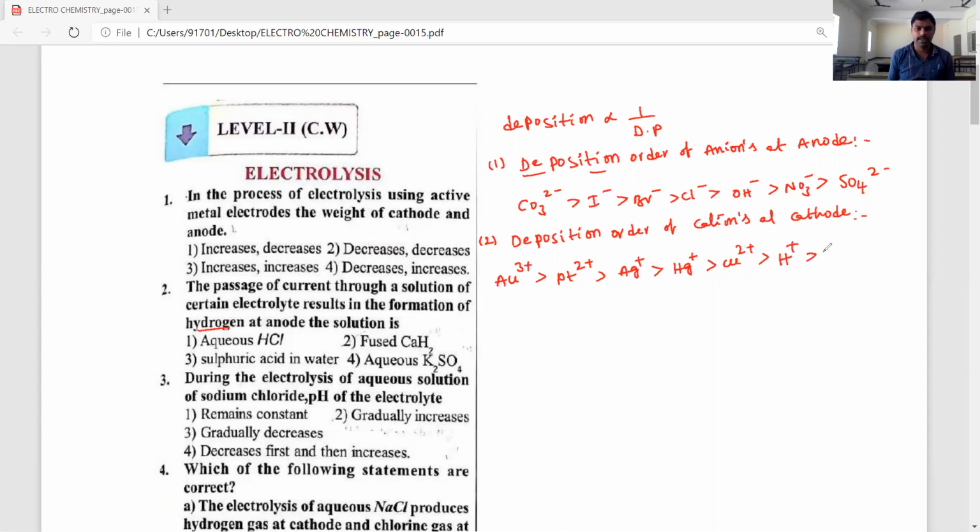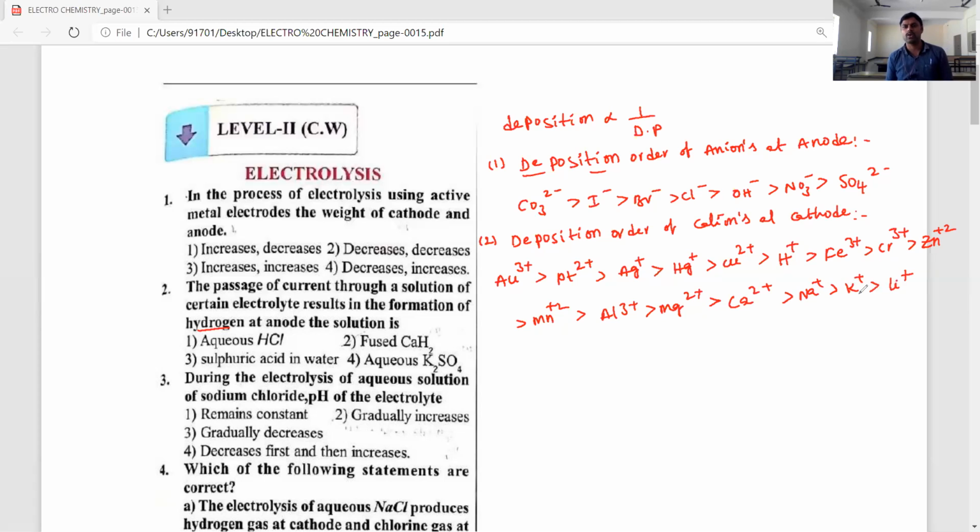After that Fe3+, then chromium 3+, and then zinc Zn2+, and then Mn2+, and then aluminum 3+, and then magnesium Mg2+, and then calcium 2+, and then sodium, potassium ions, and then lithium.